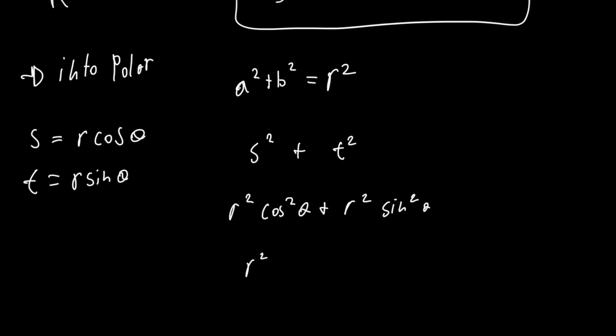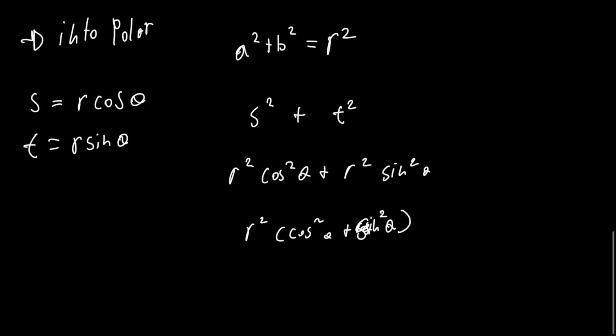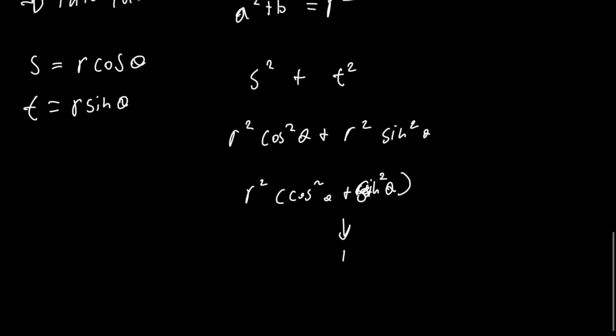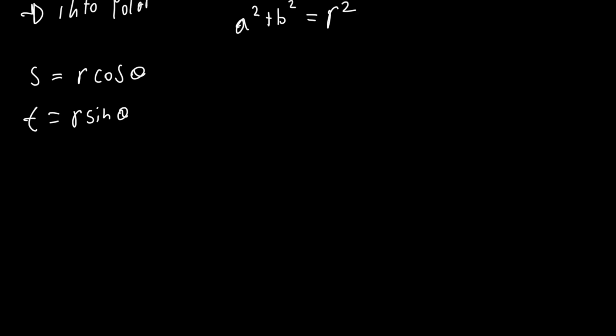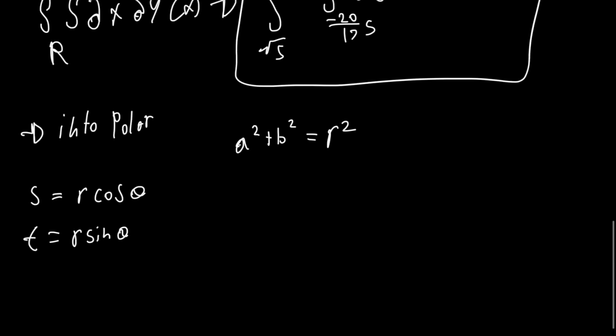Pull the r squareds out, that's cos squared theta plus sine squared theta. This is 1, so r squared times 1 is just r squared.